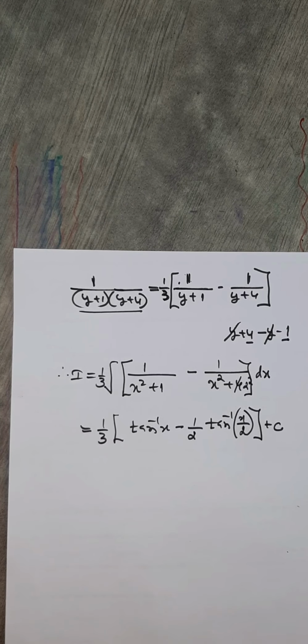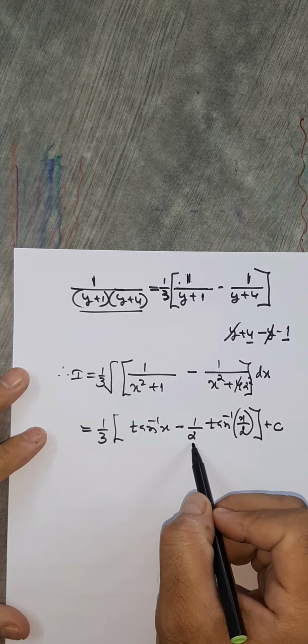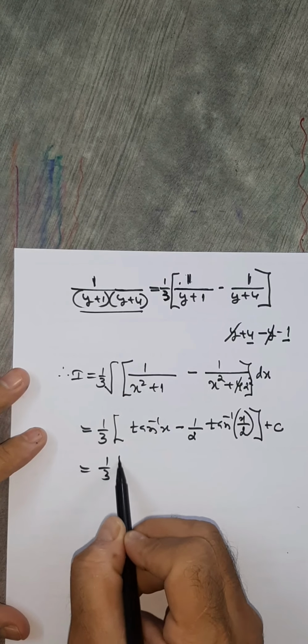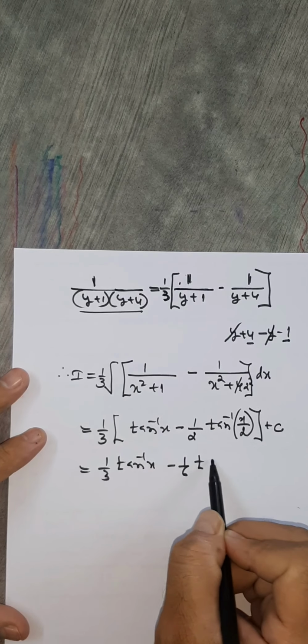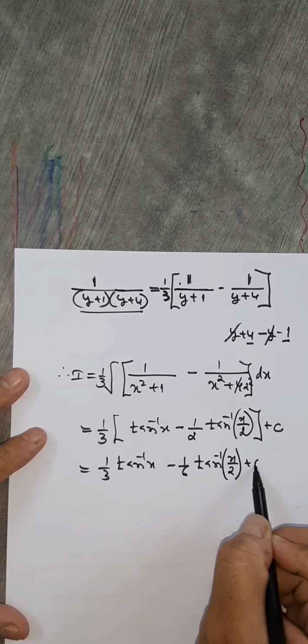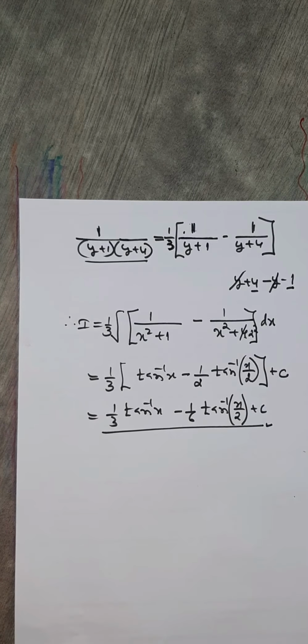Here 1 by 3 as it is, x square plus a square, 1 upon a tan inverse x by a. So if I take 1 by 3 inside, 1 upon 3 tan inverse x minus 1 by 6 tan inverse x by 2 plus c. Okay, so we have this. Fine. Now next question here.